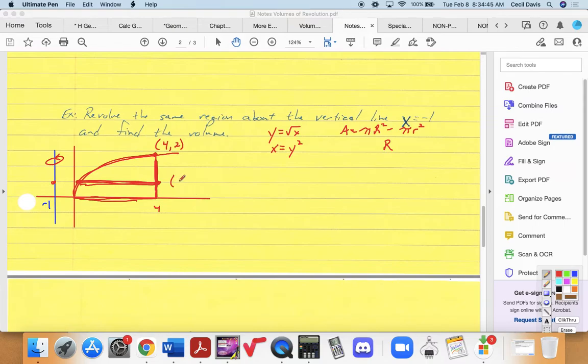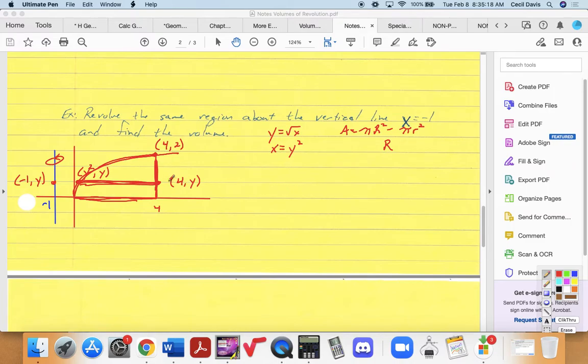So this is going to be x is 4 and some random y coordinate. Over here, x is y squared, so this is y squared, comma, some random y coordinate. And this coordinate is x is always -1 there, and the same random y coordinate.